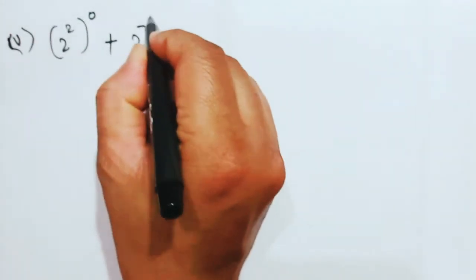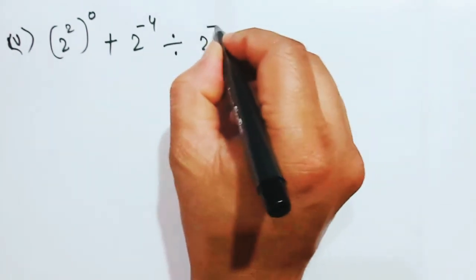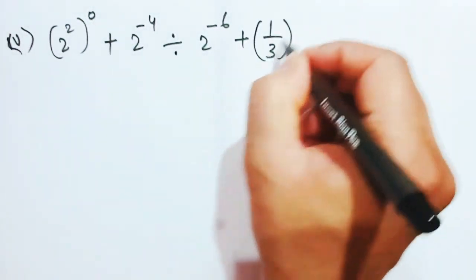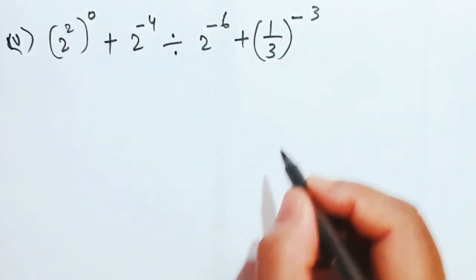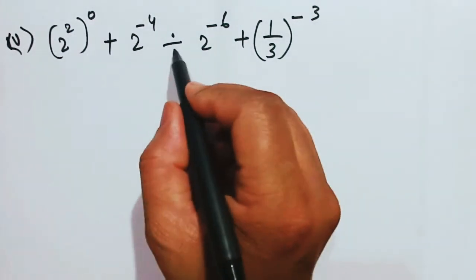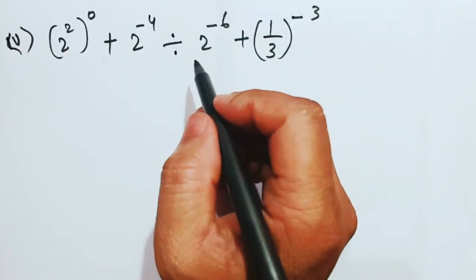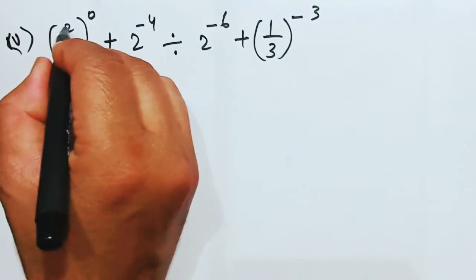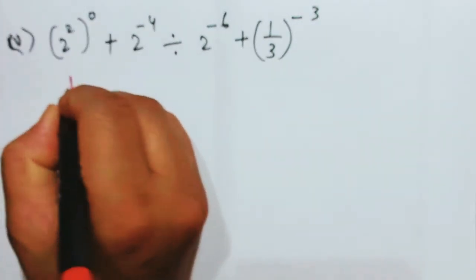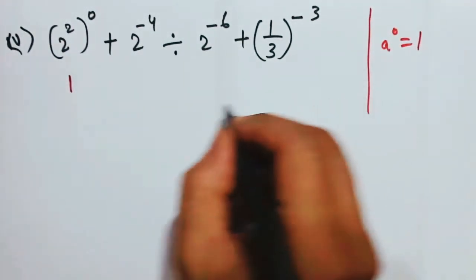Plus 2 to the power minus 4 divided by 2 to the power minus 6 plus 1 by 3 to the power minus 3. I hope this is our question. Let me check it once again whether it is division or plus. So 2 square to the power 0 will give you 1, because a to the power 0 is equal to 1.